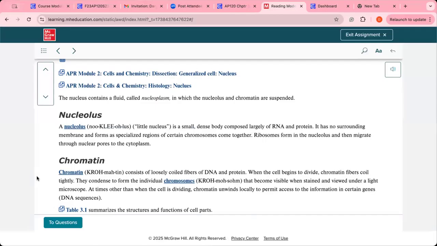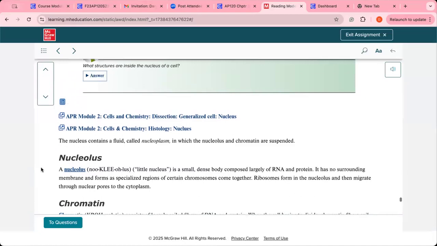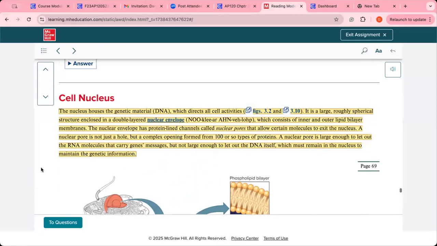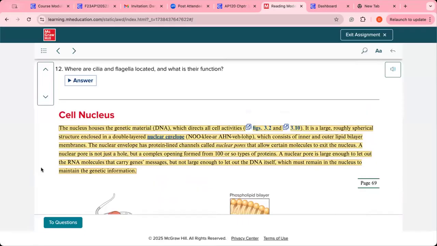go back up to before the picture. And let's see, the nucleus houses the genetic material which directs all cell activities. It is a large, roughly spherical structure enclosed in a double-layered nuclear envelope, which consists of inner and outer lipid bilayer membranes.